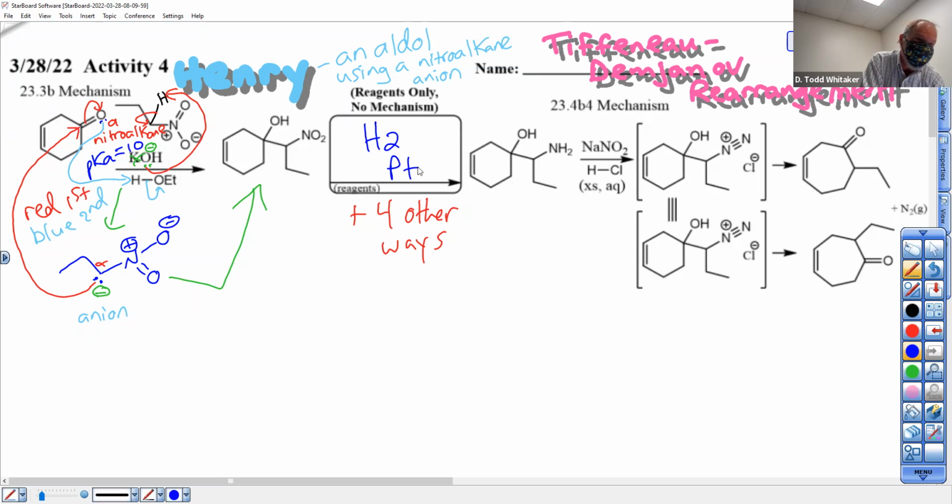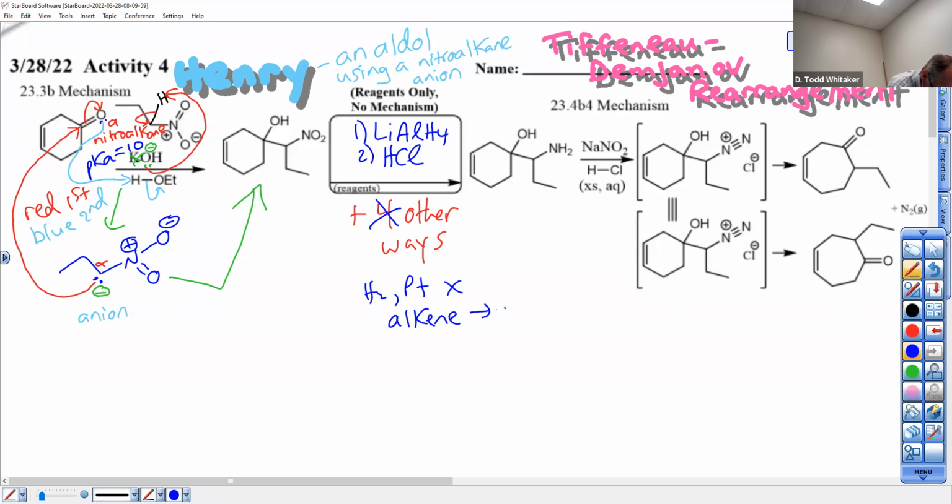In fact, that would be the first reduction that happens. The C double bond to C becomes CH2, CH2. So this is probably one where you would want to use maybe lithium aluminum hydride, HCl, not 4 others. H2/Pt is off the table. Alkene goes to alkane. Good to know. What are the other ones? Tin, HCl is okay.